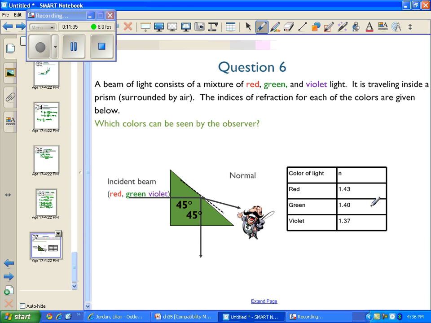Notice that because the prism plays the role in separating out all the wavelengths, each wavelength has its own unique index of refraction. And the question is, which of the colors of light will this gentleman right here observe?